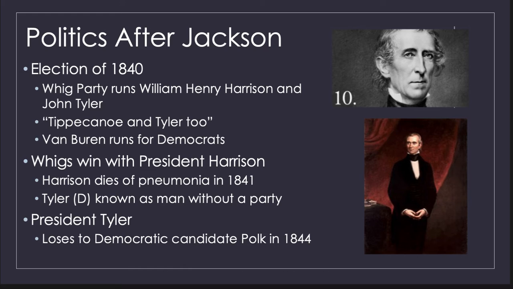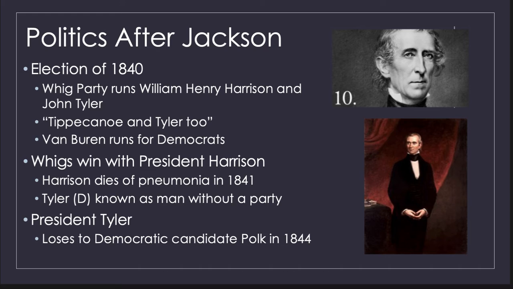William Henry Harrison defeated the Native Americans at Tippecanoe. He will be remembered for that battle, and he will run as a Whig Party candidate alongside John Tyler, who was a Democrat. Their party slogan for running in this election was Tippecanoe and Tyler too. Remember, America loves a war hero.